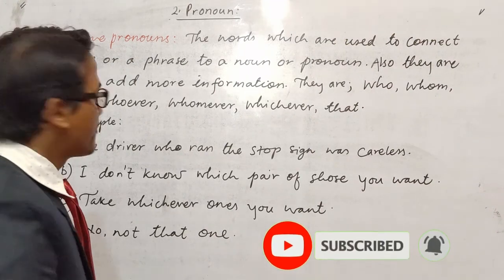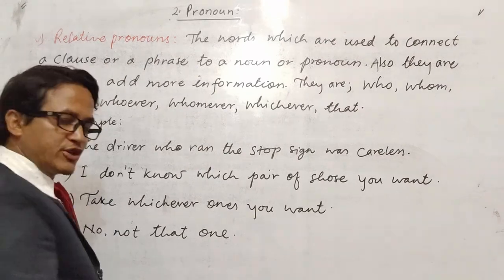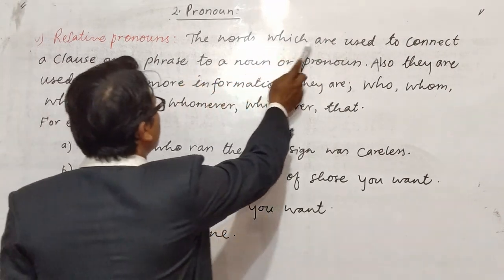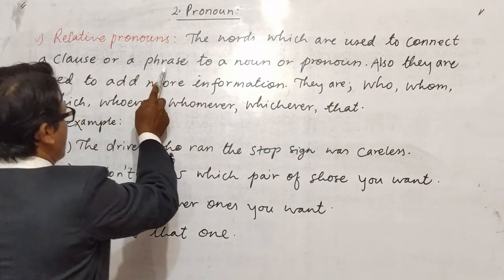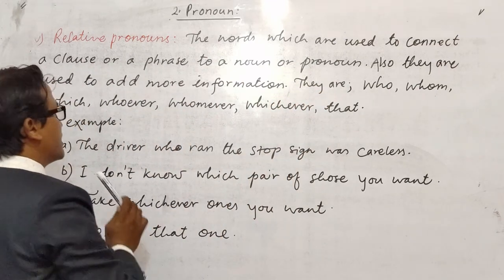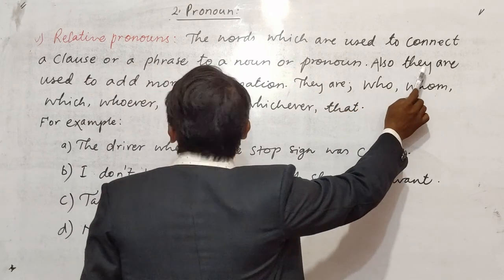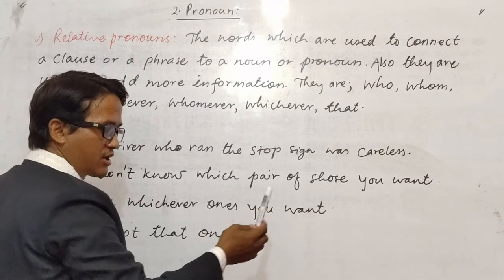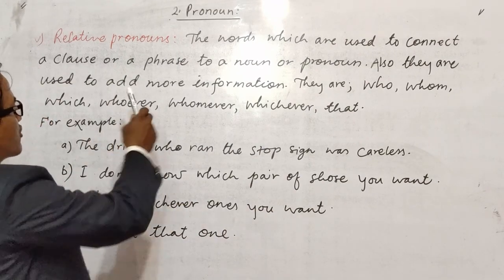Okay, now see here, relative pronoun. So what do you mean by relative pronoun? What is a relative pronoun? The words which are used to connect a clause or a phrase to a noun or pronoun are called relative pronouns. Not only that, it is also used to add more information. This gives more information about the noun or pronoun.